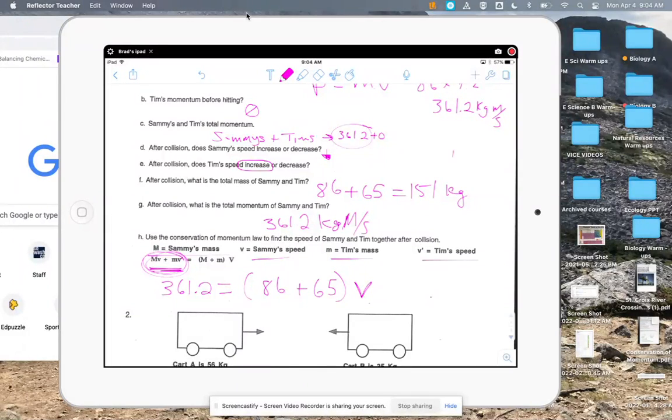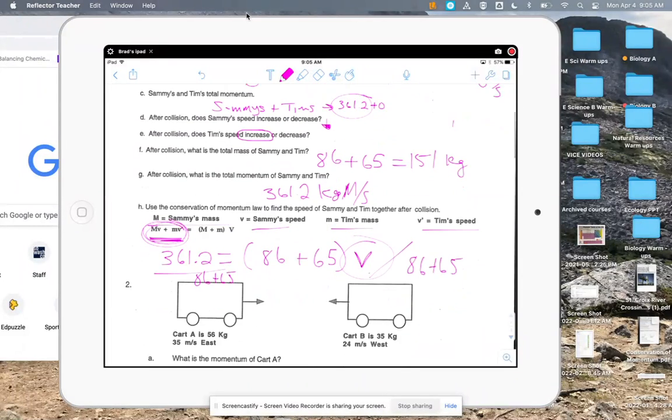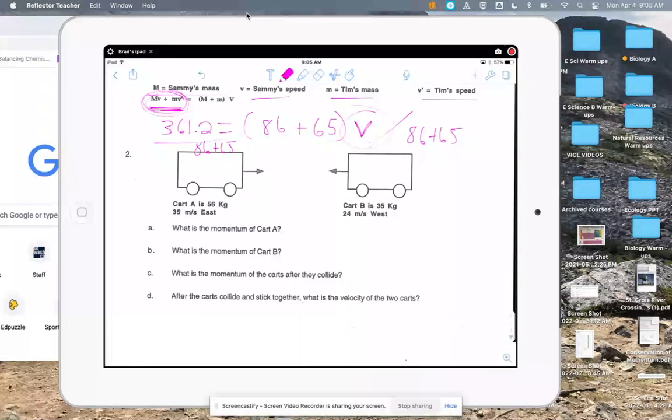So plugging in these values, you're going to divide this side by 86 plus 65, and that should give you the velocity for this new system, Sammy and Tim. So hopefully that was helpful. Plug that in and you should be able to get that value.